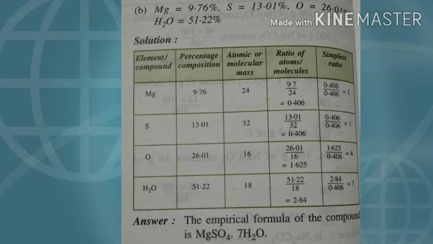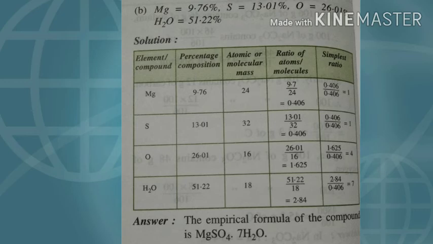Then to find the simplest ratio, what do we have to do? Yes, you have to divide each atomic ratio by the smallest number. So in the first column we will be getting 0.406 divided by 0.406, that's equal to 1. In the second column also, 0.406 divided by 0.406 is equal to 1.